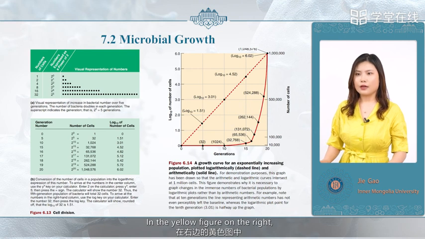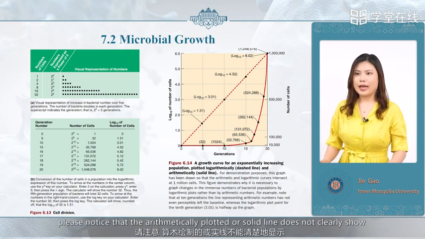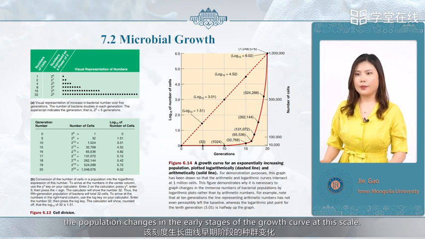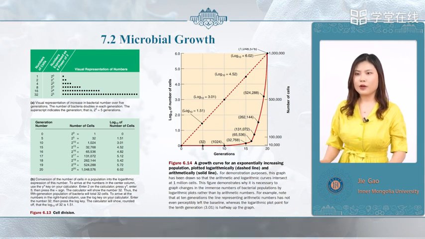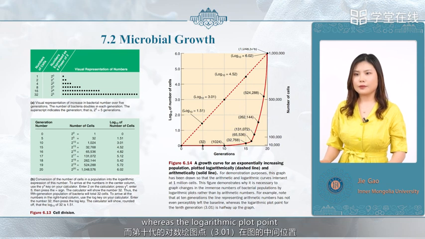In the yellow figure on the right, please notice that the arithmetically plotted or solid line does not clearly show the population changes in the early stages of the growth curve at this scale. In fact, the first 10 generations do not even appear to leave the baseline, whereas the logarithmic plot point for the 10th generation, 3.01, is halfway up the graph.